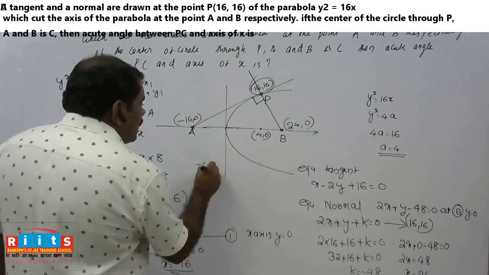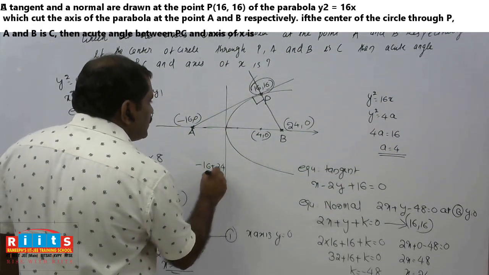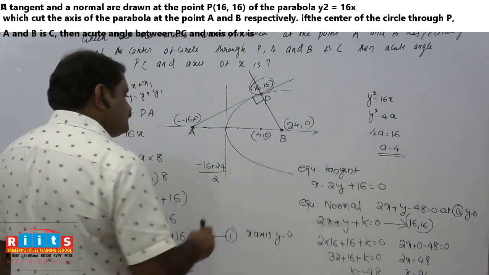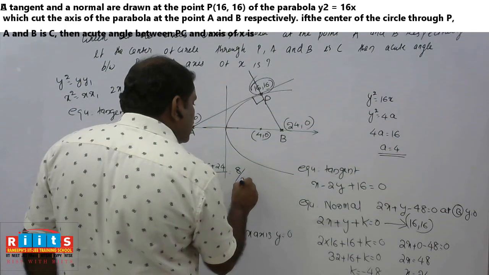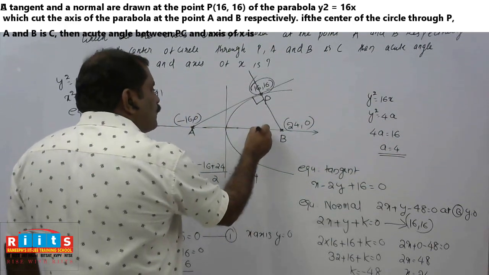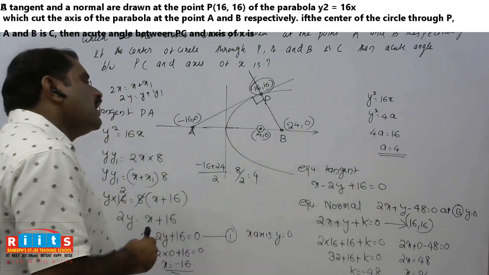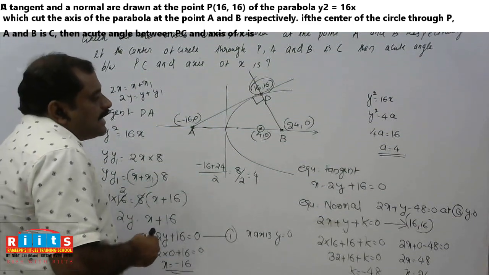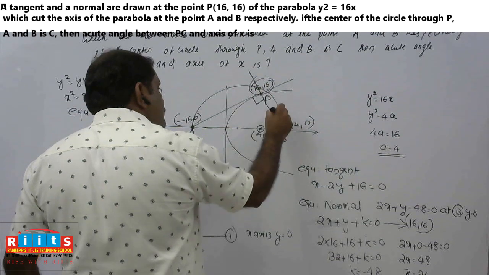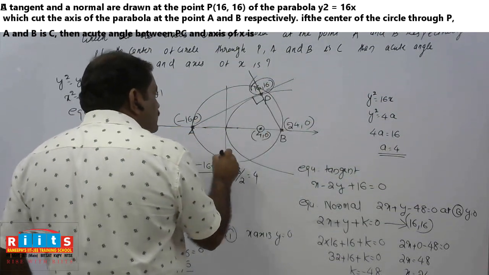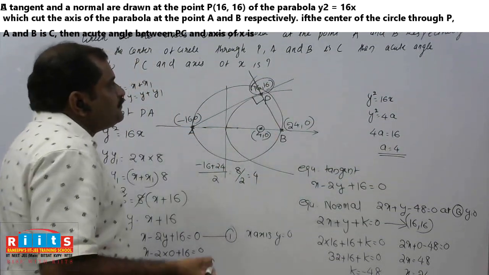Minus 16 plus 24 by 2, that is 8 by 2, that is equal to 4. So (4, 0) is the circumcenter, that is always the focus, (4, 0).